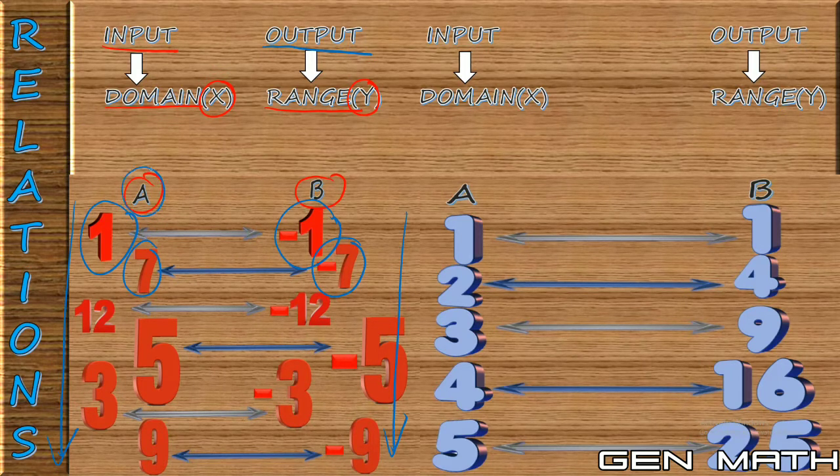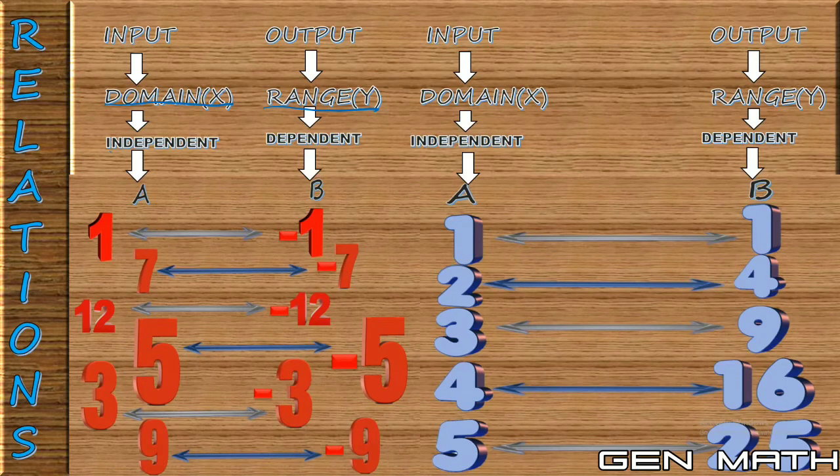So we call set A the input and we call set B the output. Since the domain are the inputs and range are the outputs, we also term them as independent and dependent, because the values in set B depend on the values of set A.